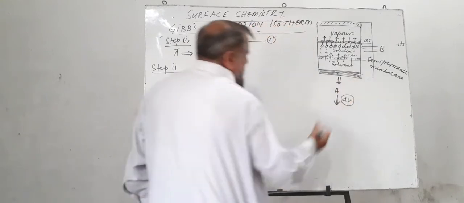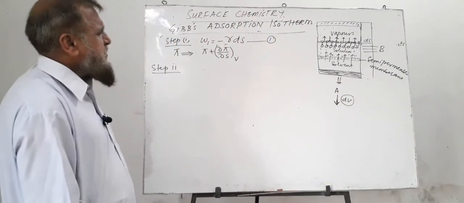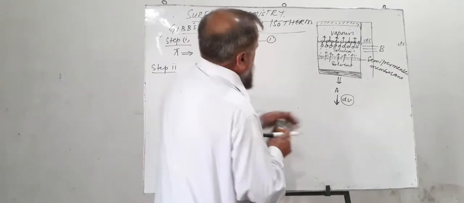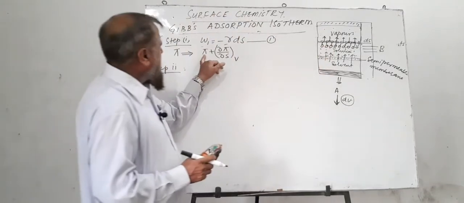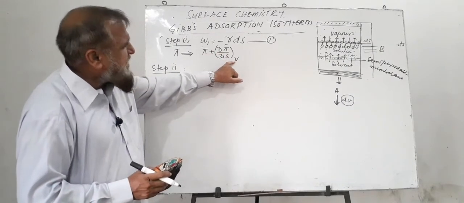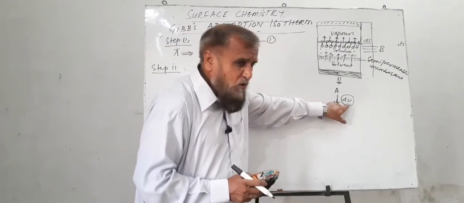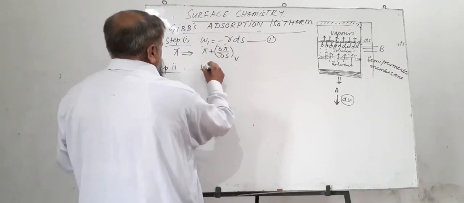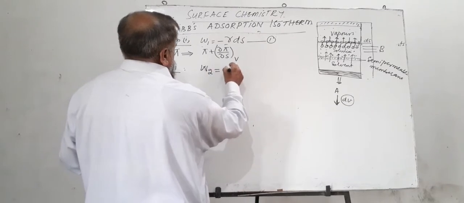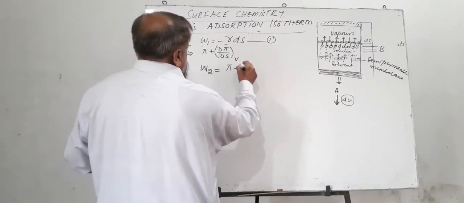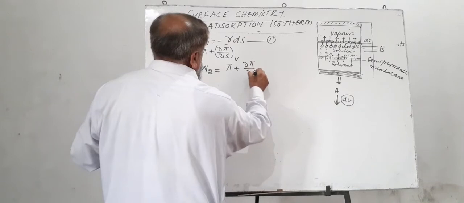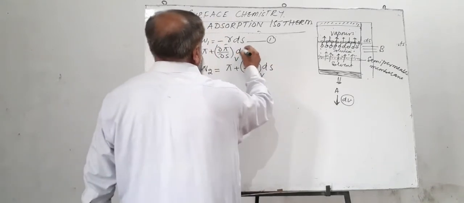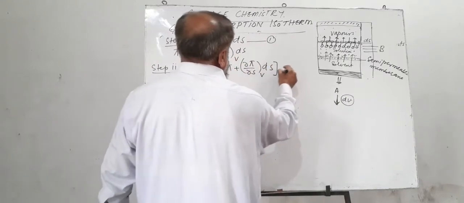We are pushing the piston against the force of osmotic pressure. Therefore, the opposing force is the osmotic pressure, which is given by pi plus del pi over del S at constant V, and the volume change is dV. Therefore, the work done in this step is given by W2 = (pi + del pi/del S at constant V) ds dV.